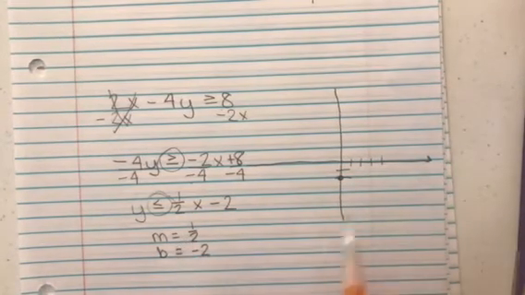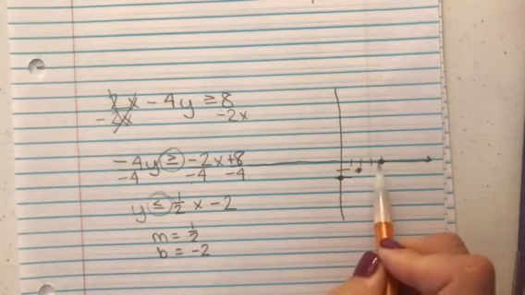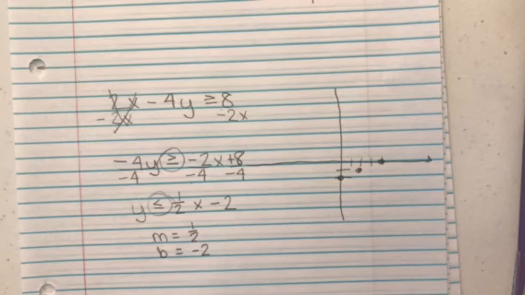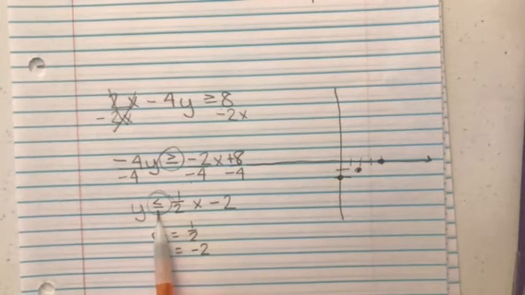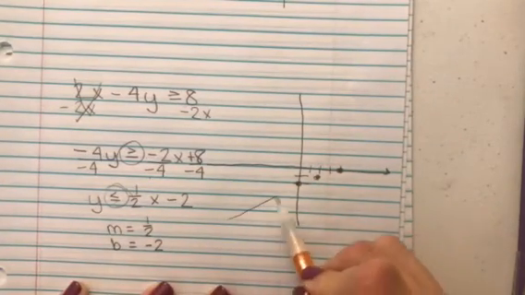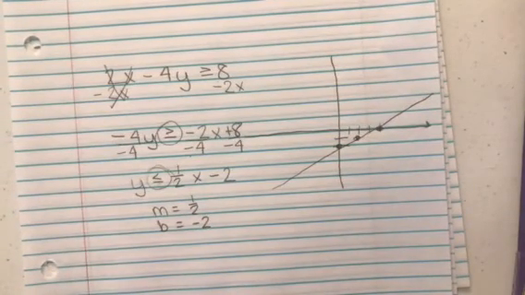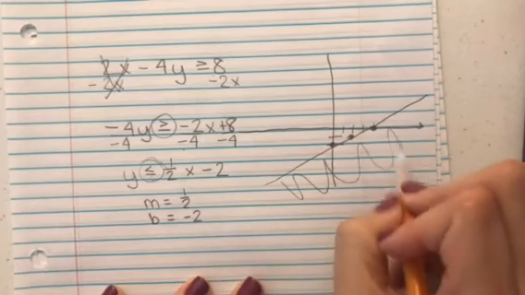Right, my slope says up 1 over 2. Up 1 over 2. Less than or equal to the solid line underneath. The or equal to underneath means a solid line when we graph it. So when I graph this gets a solid line. Less than is lower. So I am going to shade below.